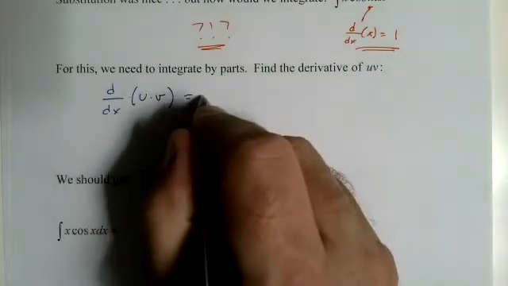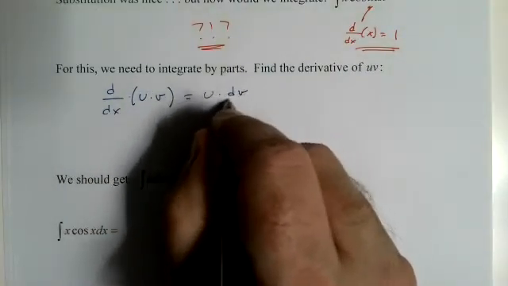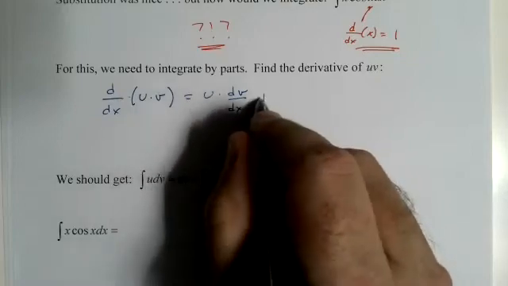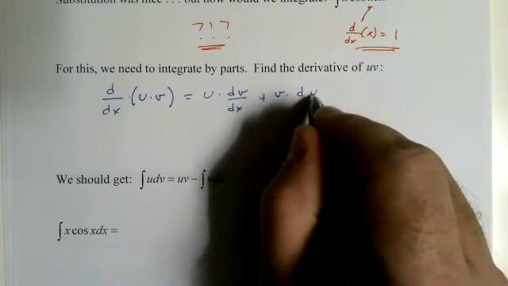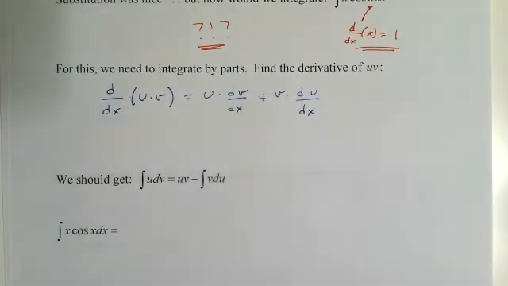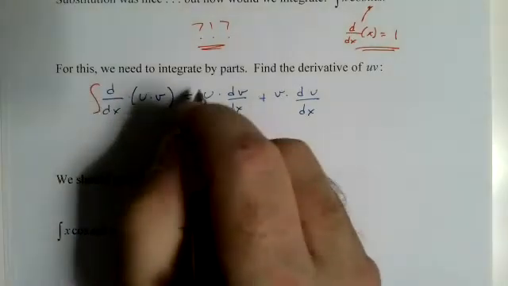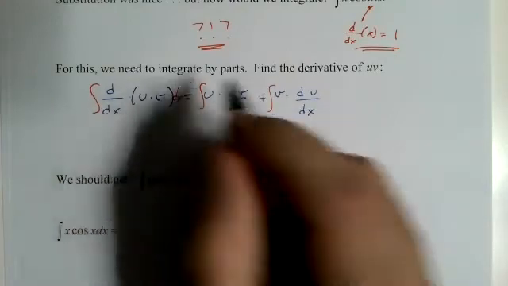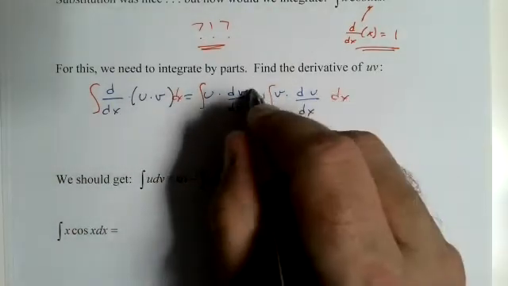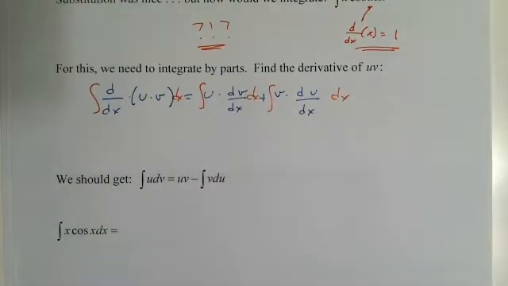So a derivative of this is leave it dv dx plus leave it du dx. Then we do something weird and say, well, what if we undo that and integrate them? It's kind of weird because we're going to integrate each one with respect to x. And you look at it and you go, whoa, wait a minute, that doesn't really make any sense.